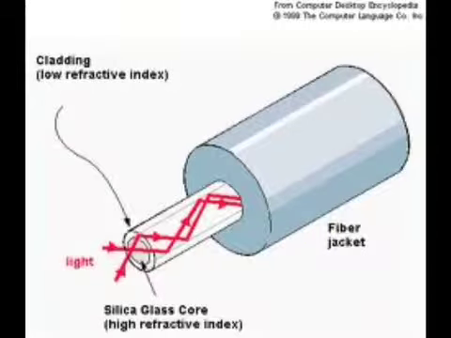How can an optical fiber transmit light? Light normally travels in straight lines, so for light to move along a winding fiber optic cable, it relies on a principle known as total internal reflection.